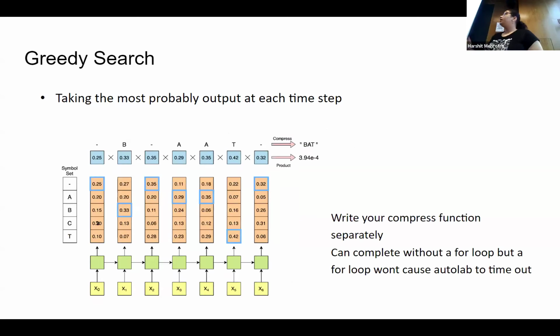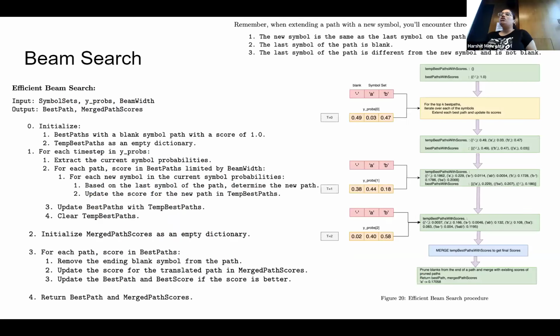But the issue with greedy search is you're just taking the most probable output at each time step, and it's not necessary that this is going to be accurate. In fact, you will see that most of the times this might not be that accurate when you try to use GPT and all of that. So that brings us to beam search. And there are two different ways in which you can implement beam search.